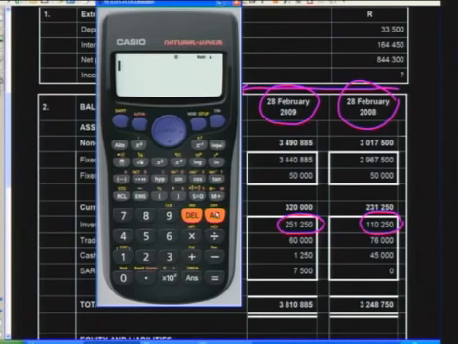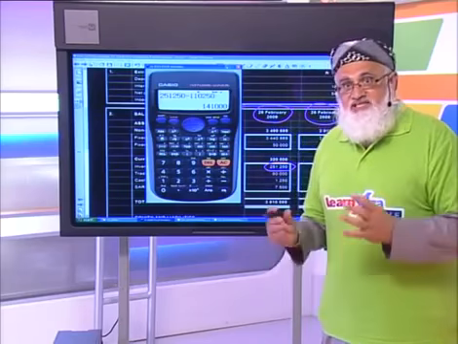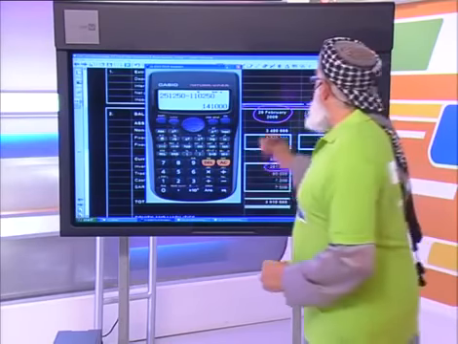So we say 251,250 minus 110,250, and your answer is 141,000. This means that there has been an increase in inventories of 141,000.